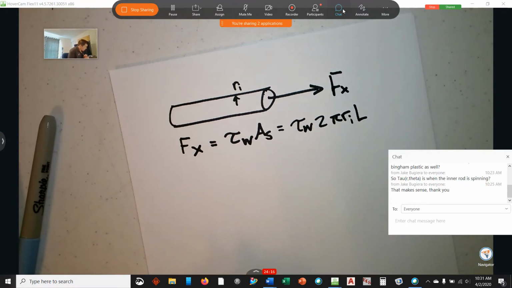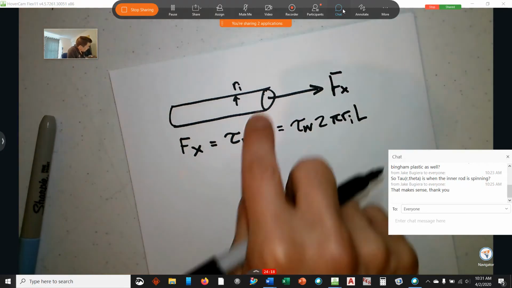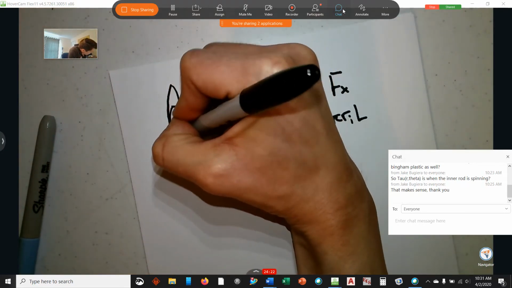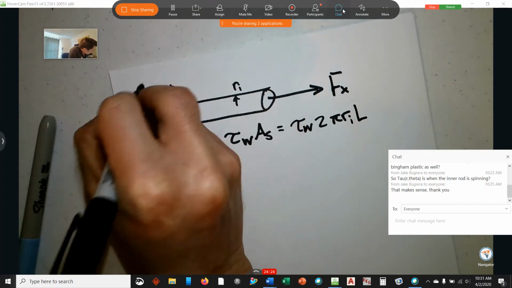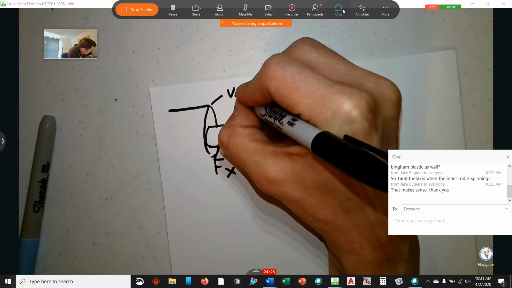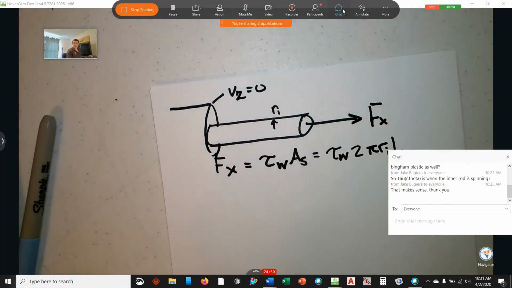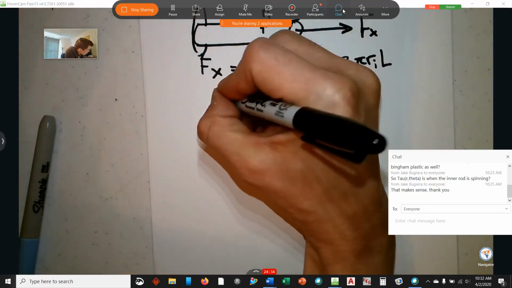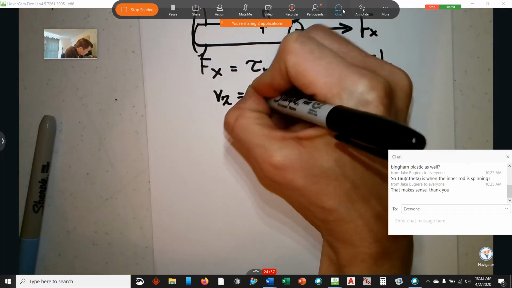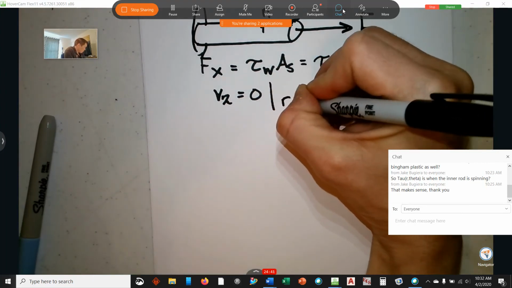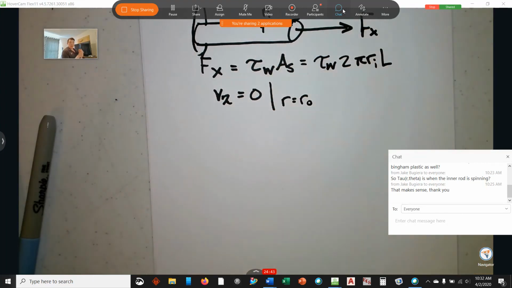All right. That looks pretty good. And at the outer cylinder, we had Vz must equal 0 at R equals Ro.